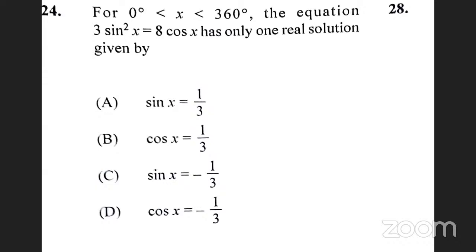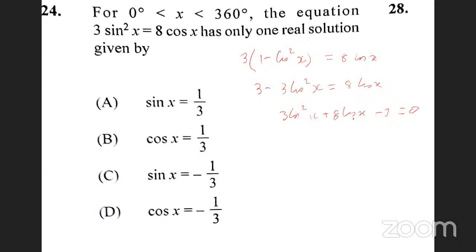Hello, have you worked it out? So it will be 3 by 1 minus cos squared x equal to 8 cos x. So you'll get 3 minus 3 cos squared x is 8 cos x. Carry it across and you will get a quadratic.